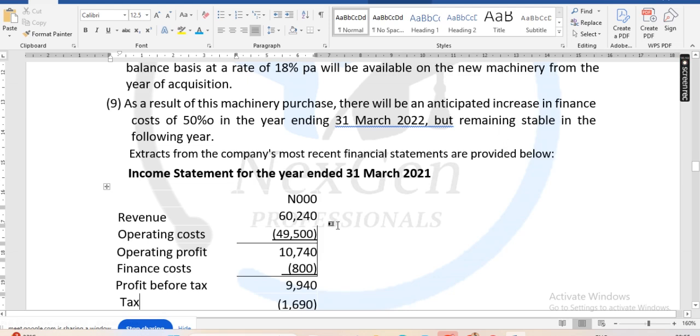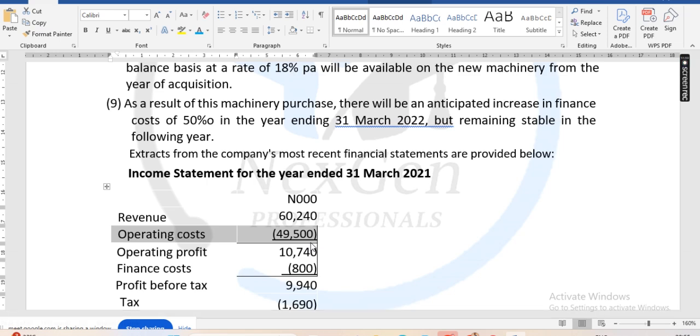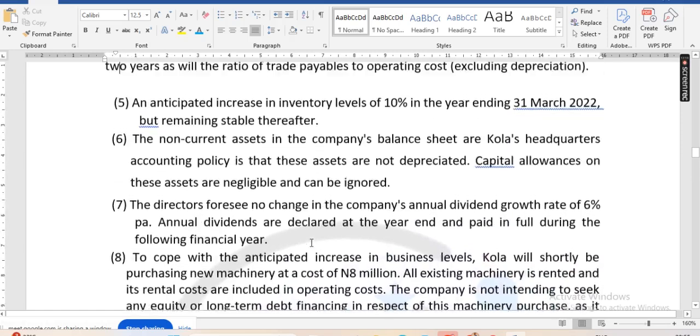Depreciation, which means that our operating cost must not include depreciation. That is, when we want to increase the operating cost by 4%, it must exclude depreciation. It was not even stated whether the operating cost includes depreciation or not, but they say it excludes depreciation. Now, we move again.